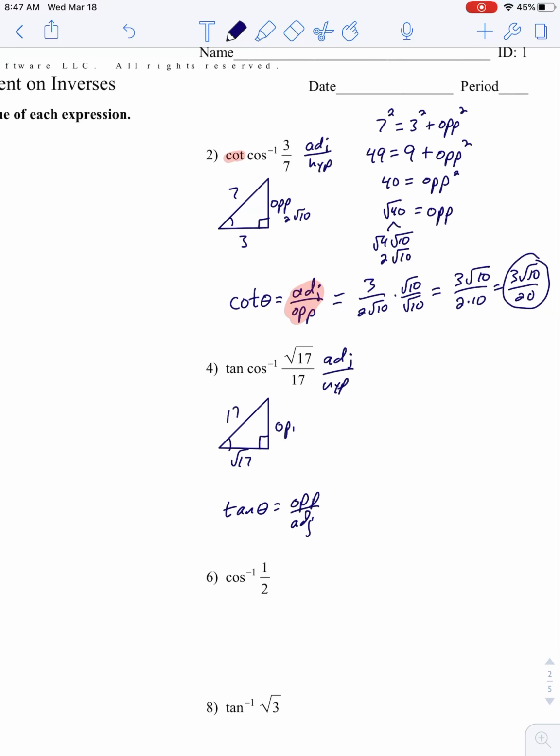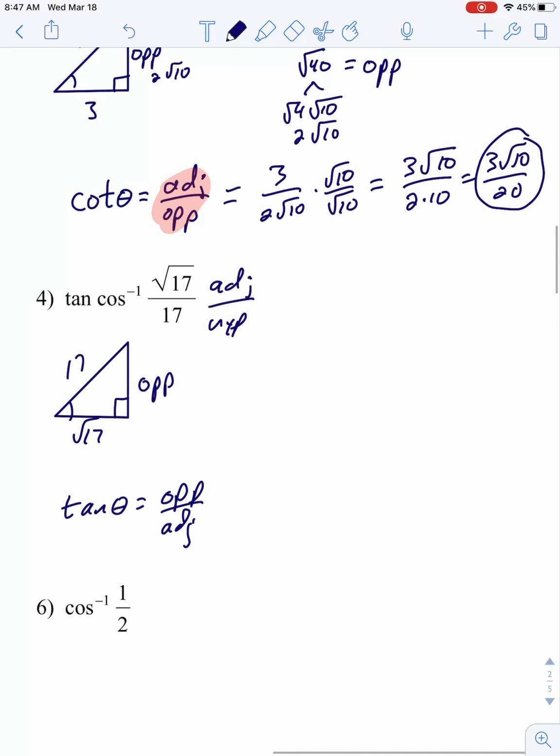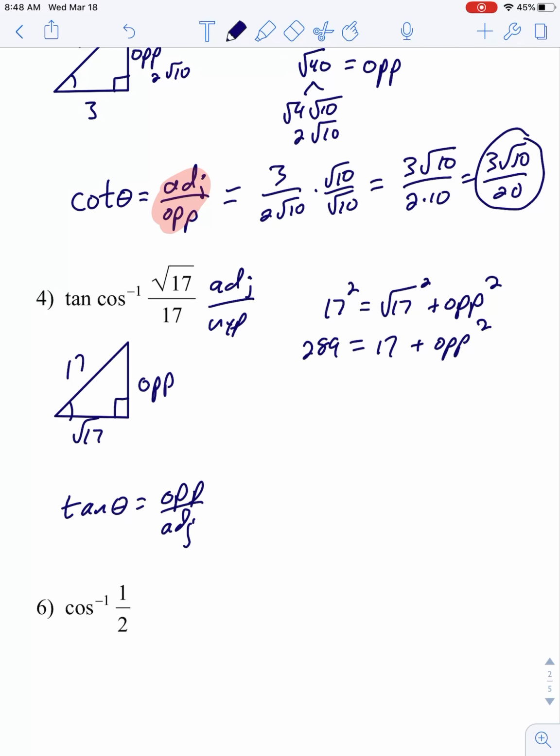So once again, the opposite is unknown. I'll come off to the side here and do the Pythagorean theorem. 17 squared equals the square root of 17 squared plus opposite squared. 17 squared is 289. Radical 17 squared is 17 plus opposite squared.